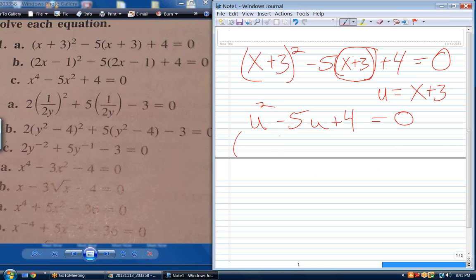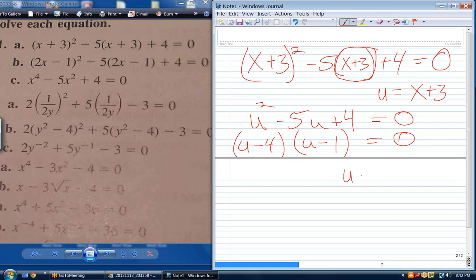Factor that. U minus 4, U minus 1. So that's equal to 0, so U is equal to what? U equals, hold on, let me finish writing this. U equals 4, yeah, U equals 1. Now solve for x.